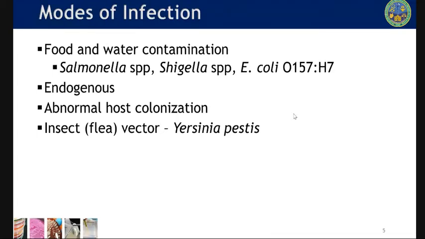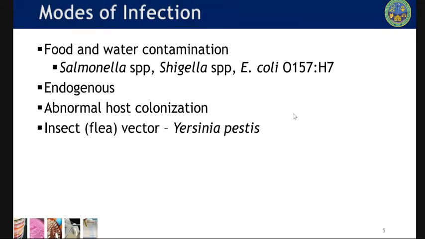All right, and then another one would be endogenous in nature. When we say endogenous, they may be organisms that harbor in your body that will go to different organs and establish infection. Okay? And then another one would be abnormal host colonization.